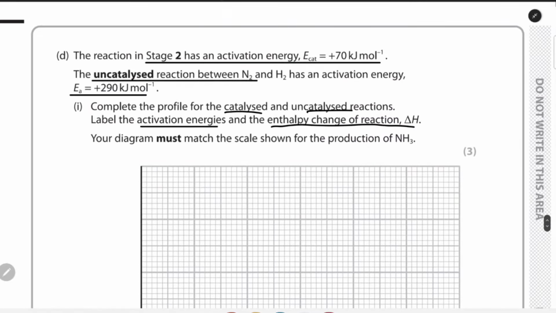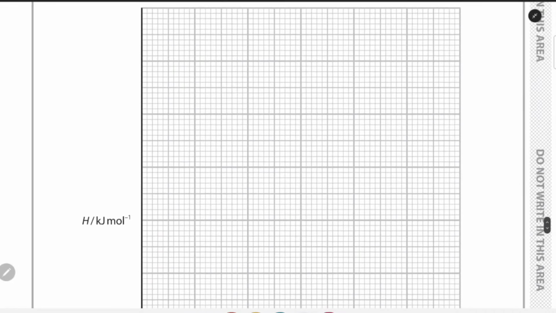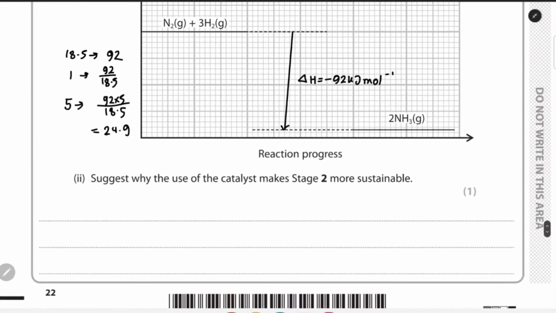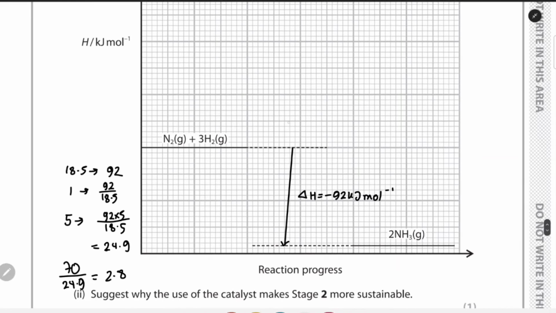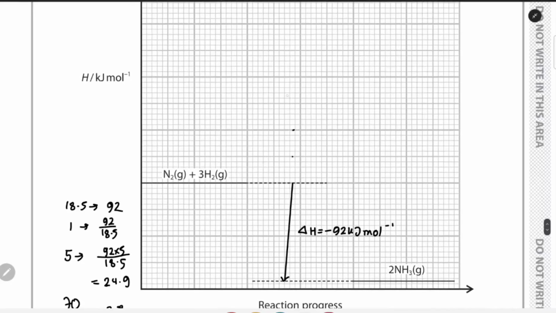Now the first activation energy is 70 kilojoule per mole. This is for the catalyzed reaction. So we can find the number of half boxes, so the number of this size box it will cover. This will be 70 divided by 24.9. So this is 2.8. 1, 2, and this is 2.8.